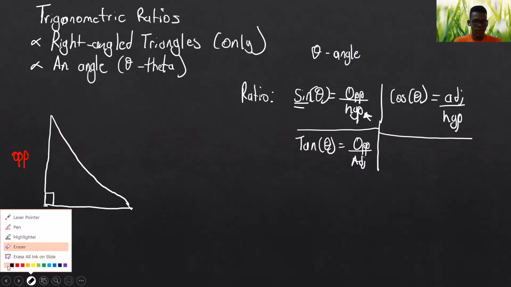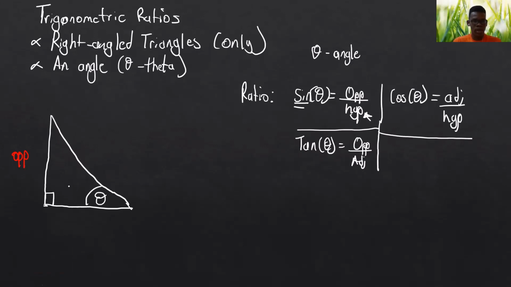Nevertheless, like I said, we have our theta, and the opposite side of the right angle triangle is called the opposite. So it's opposite to theta. It's always opposite to theta. The side opposite is always opposite to theta.